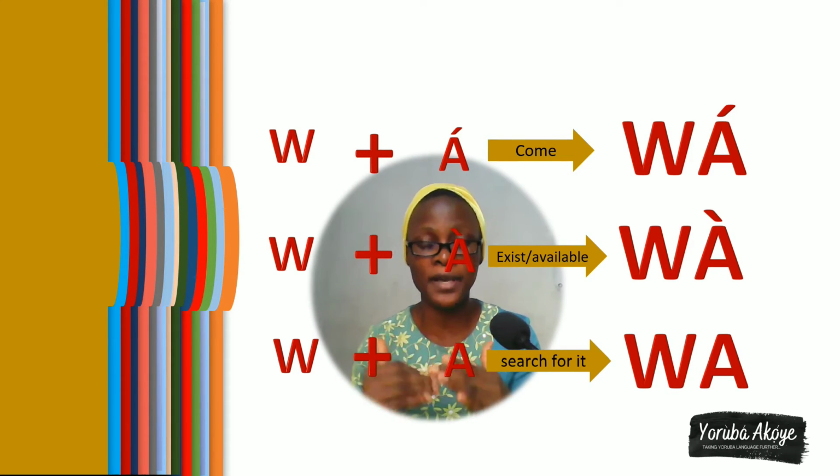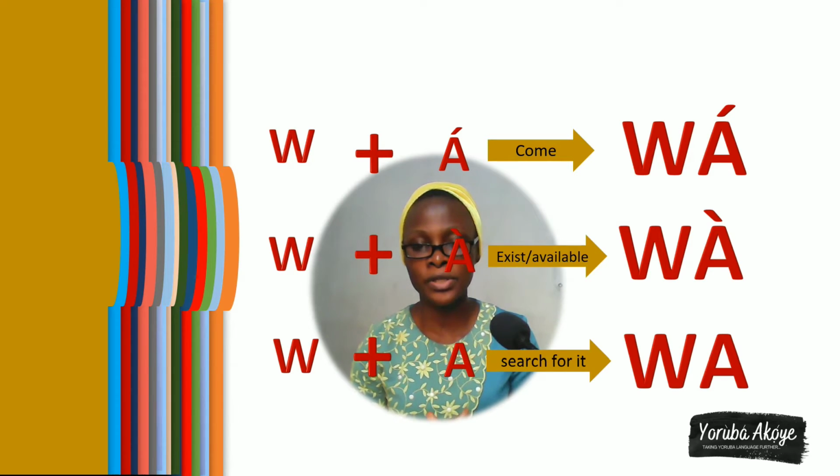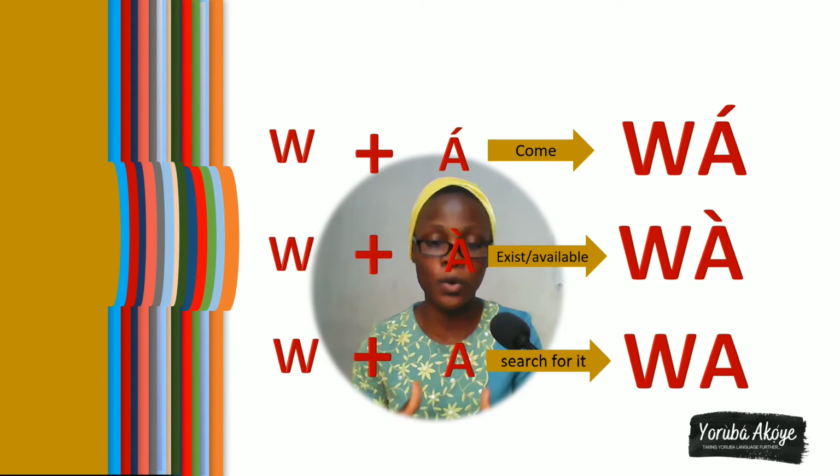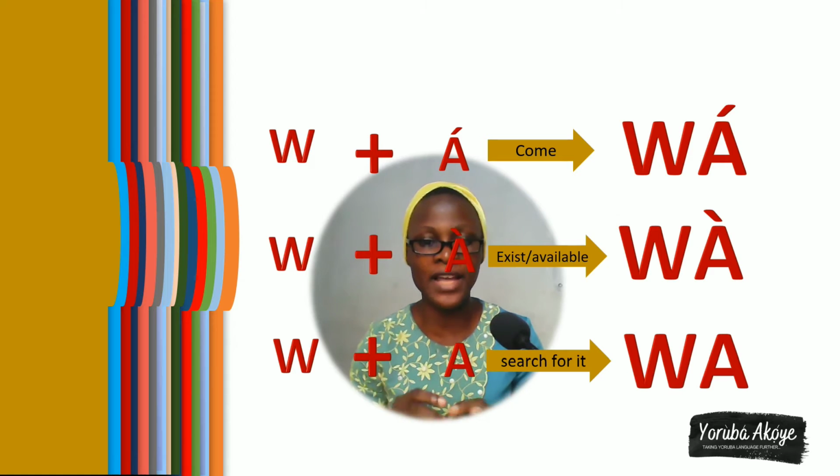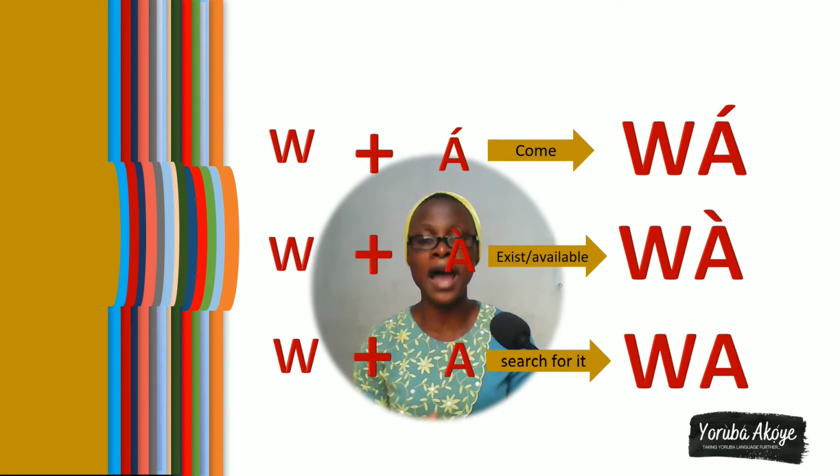Normally, vowels are the letters that bear tone marks in Yoruba language. So when we are having re tone on this letter or on a word, what we do is we leave that letter or that word unmarked.